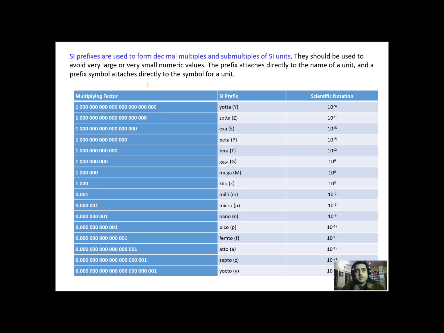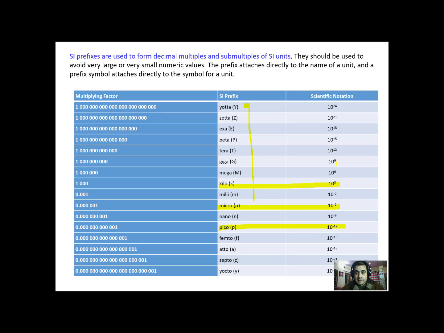Now, when you write numbers, you might come across very large numeric values. Just to avoid those large numeric values, there are some prefixes that are used. You must already know these, but just to refresh you, these may be yotta, 10 to the power 24, zetta 10 to the power 21, exa 10 to the power 18, and kilo, you already know this one, 10 to the power 3, micro 10 to the power minus 6, pico 10 to the power minus 12.